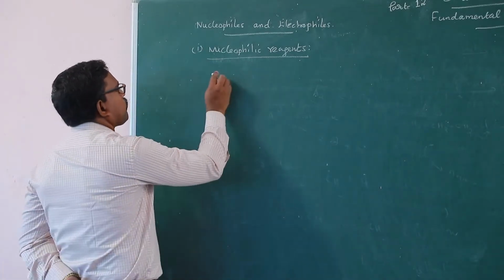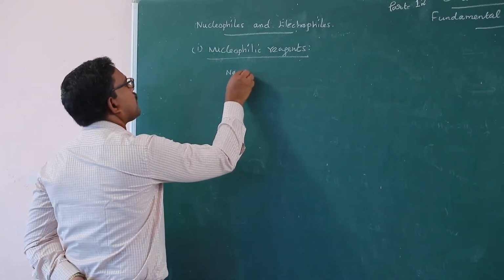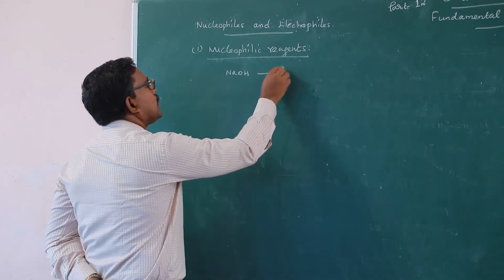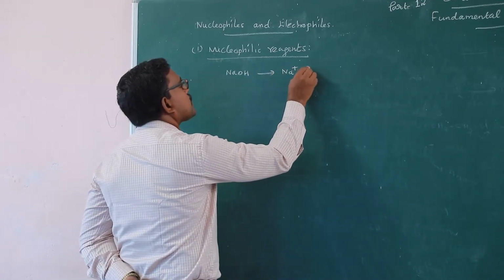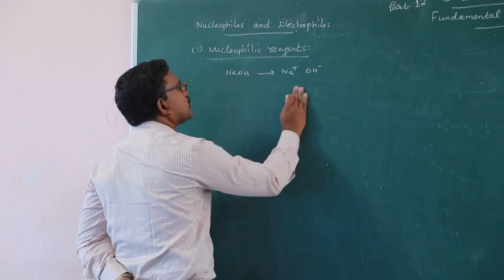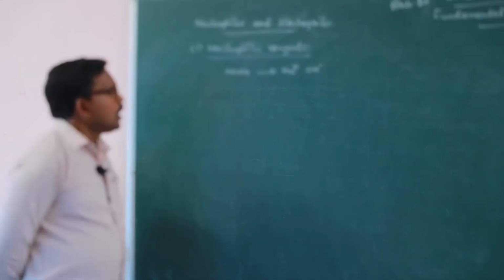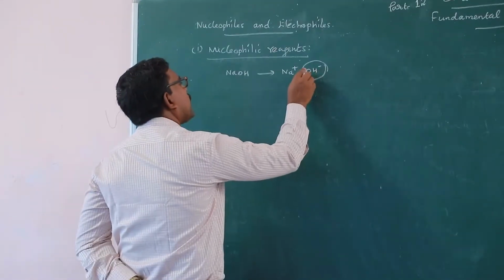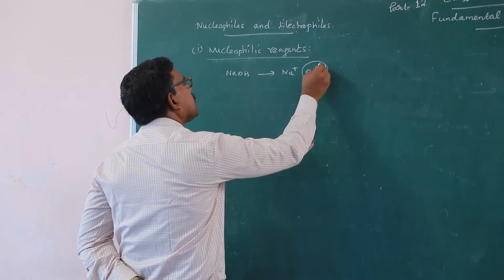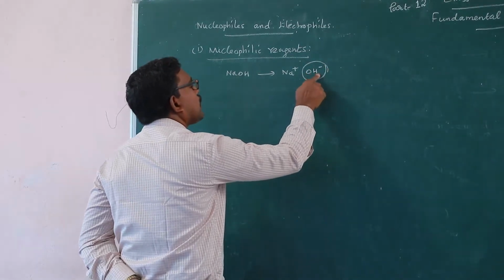For example, sodium hydroxide as a reagent. We know that it is split into Na plus and OH minus. This OH minus ion consists of oxygen and hydrogen.